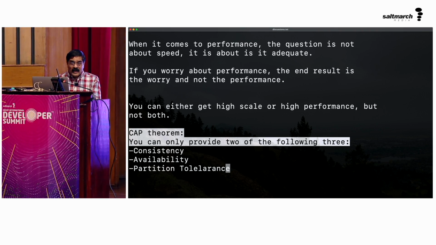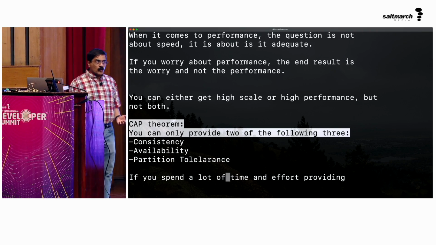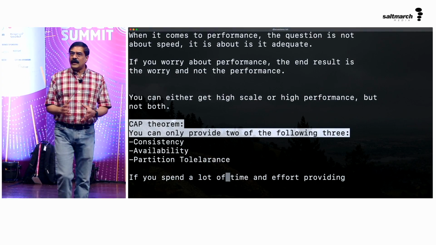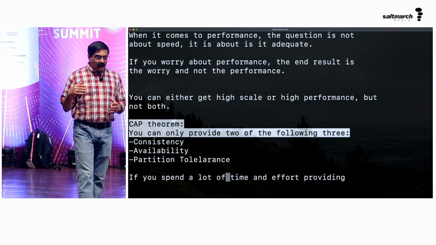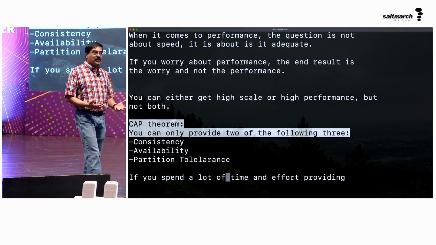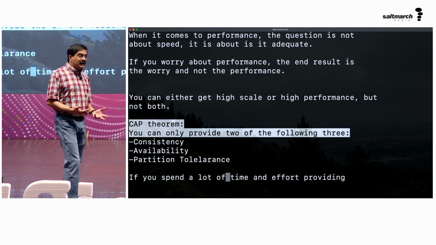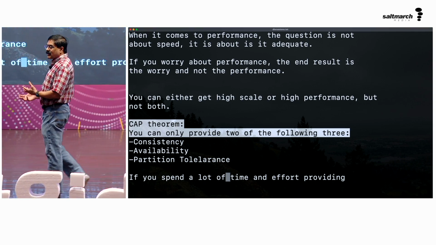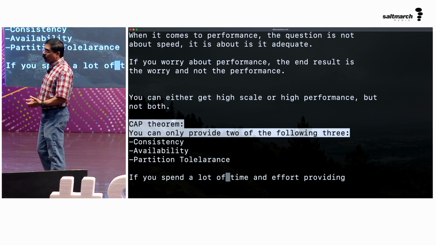So you can provide two of them, but you cannot provide all three of them. So let's say you really, really want to provide consistency and availability. Well, if you have partitioning of your network, you need to be able to deal with it, and it's not going to support it really well. So you need to really ask the question, which is really important.